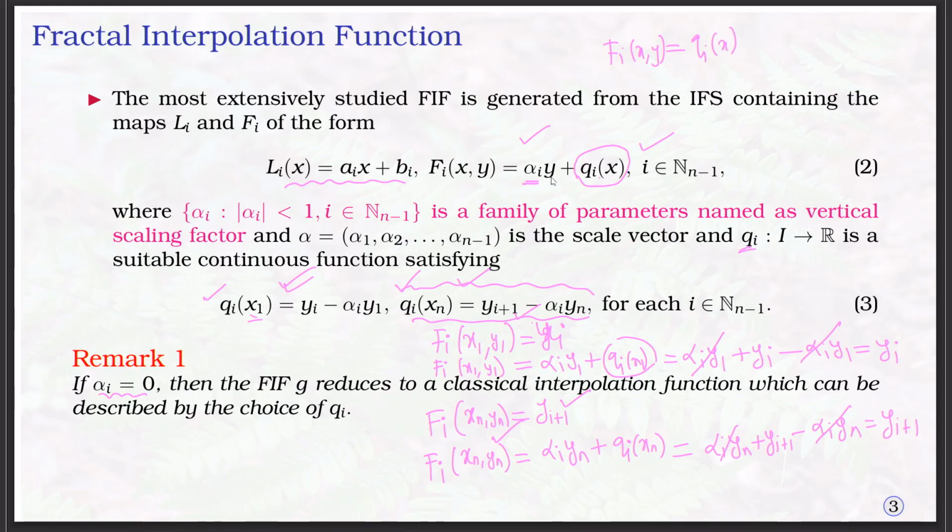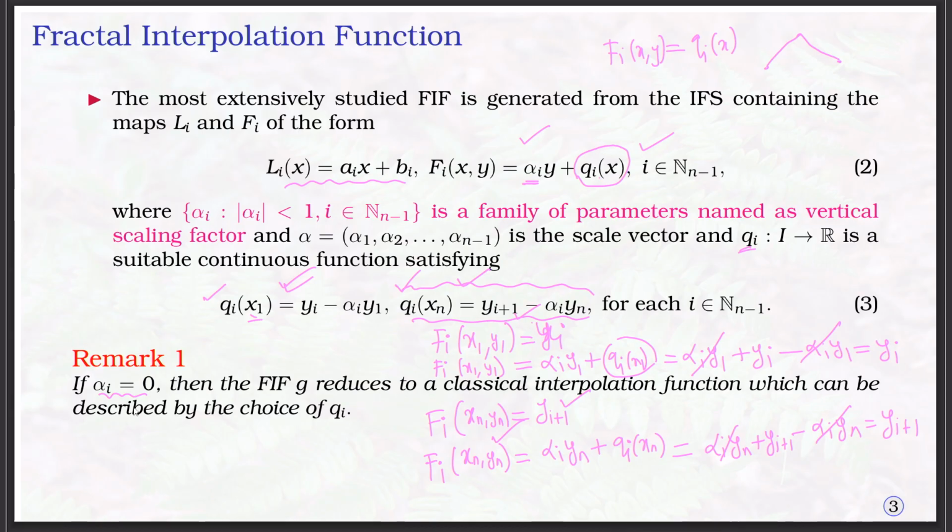That means there is no contraction in the y direction, it just binds the data points in the y direction and in the x direction. Finally, one gets the classical interpolation function. If you take two or three data points, it will go like this.